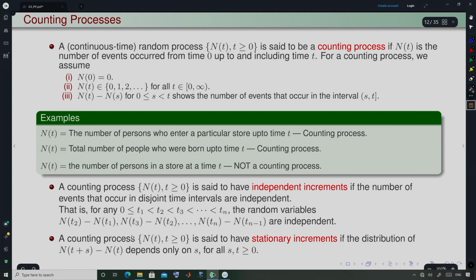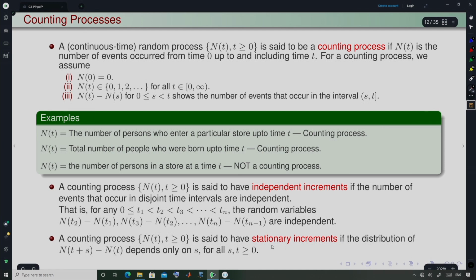Similar to this, you will also have a process with stationary increments if the increment in an interval from t to t plus s depends only on s and not on t. So, where the interval is placed is not relevant, only the length of the interval is relevant.